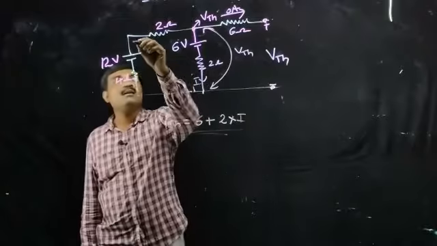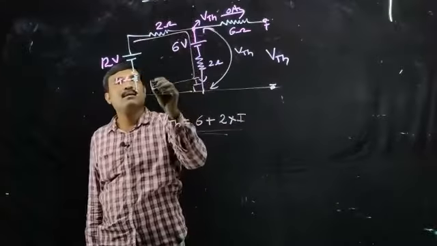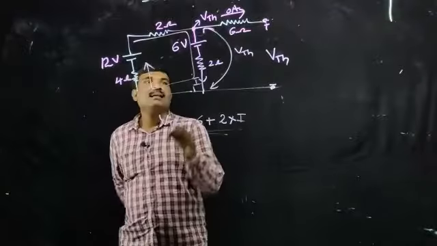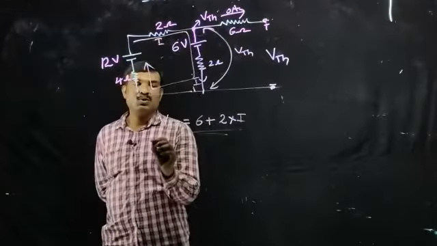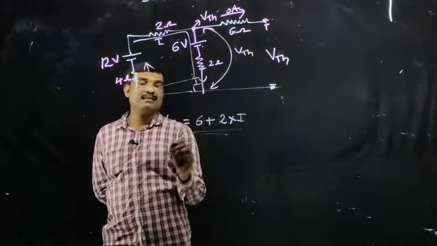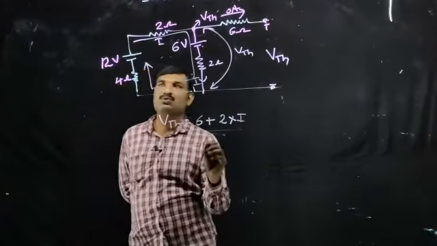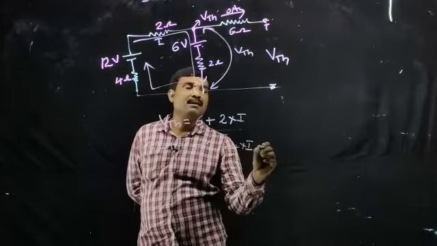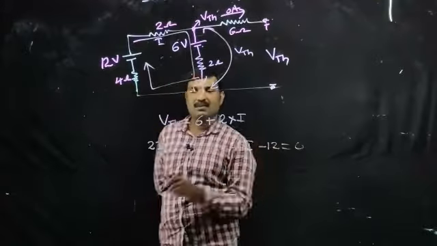Now we have only one loop here, right? We can apply Kirchhoff's voltage law. Let this current be I. So 2I plus 6 plus 2 plus 4 into I minus 12 is equal to 0, right?